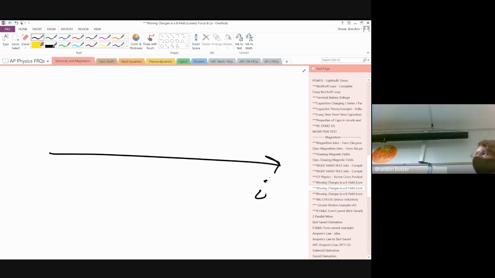I know that not only will a moving charge in a B field feel a force, but a moving charge will create a B field, which means that this current here is creating a B field. What is the direction of that B field?